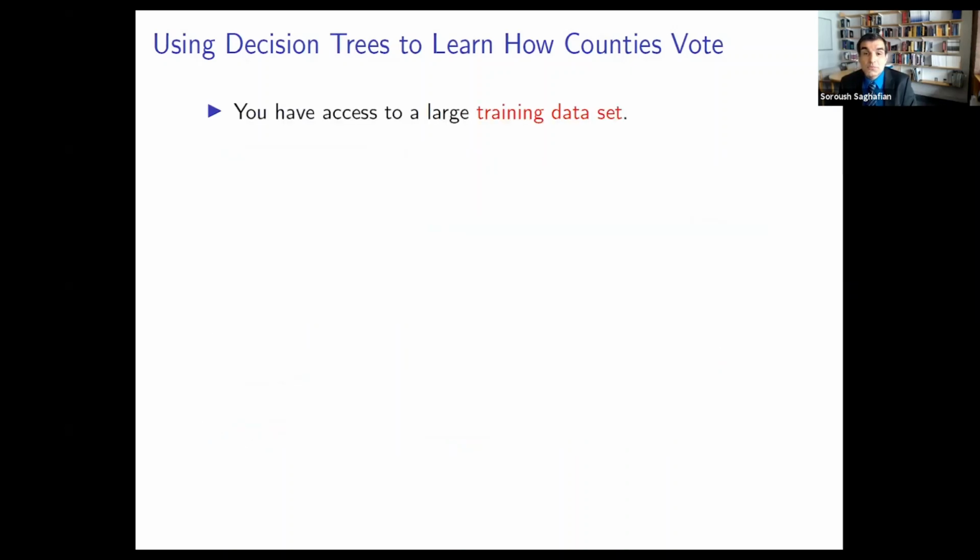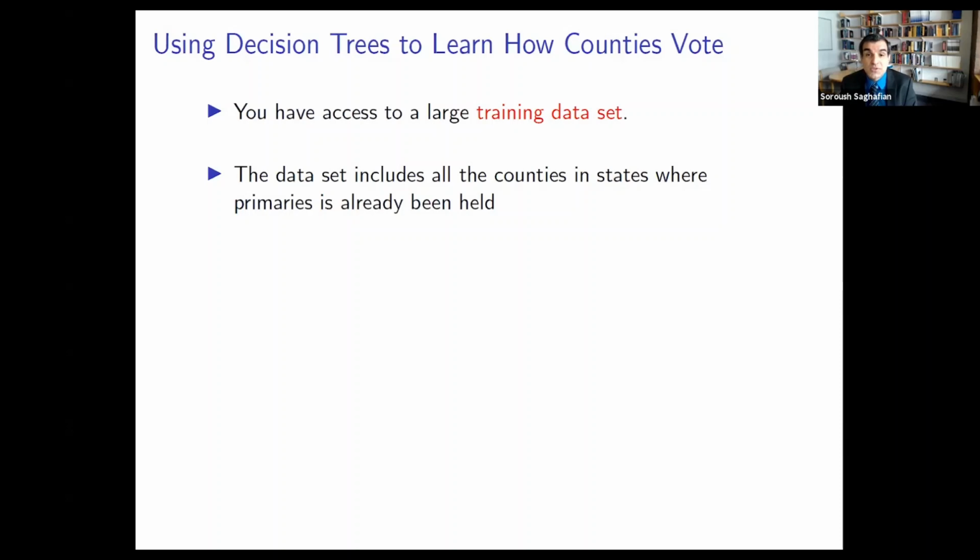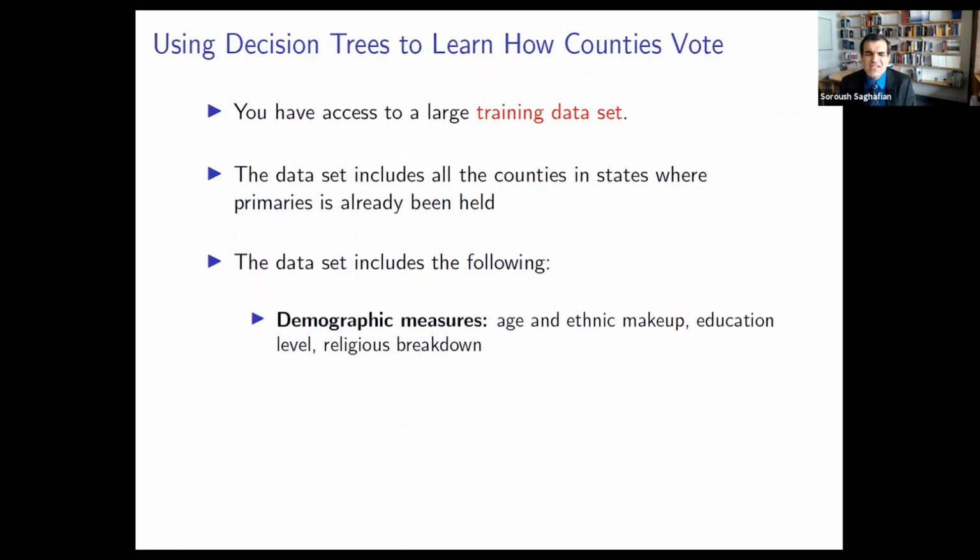And the training data set that was available at that time was, again, another huge data set. It included a lot of information. This was collected from all the counties in the US where the primaries were done. In this training data set, you have demographic measures, things like age, ethnic makeup, education, religious breakdown.